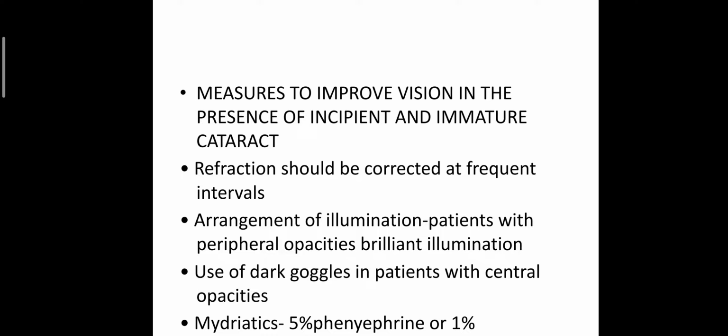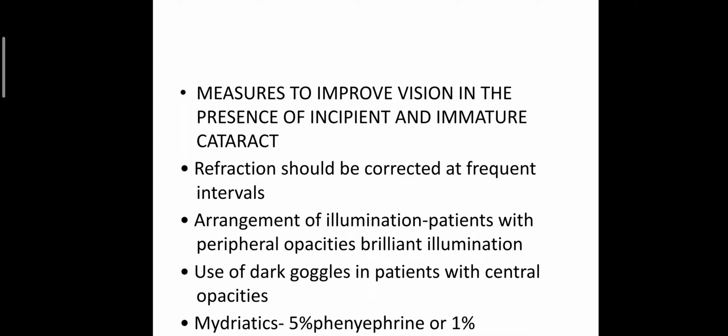And the third method is measures to improve vision in the presence of cataract. So the most common method is refraction and spectacle prescription, and another is illumination changes. For example, a patient with peripheral opacities who has a central area free may be instructed to use bright illumination, hence the pupil will constrict and the patient will be able to see through the center, which is cataract free.